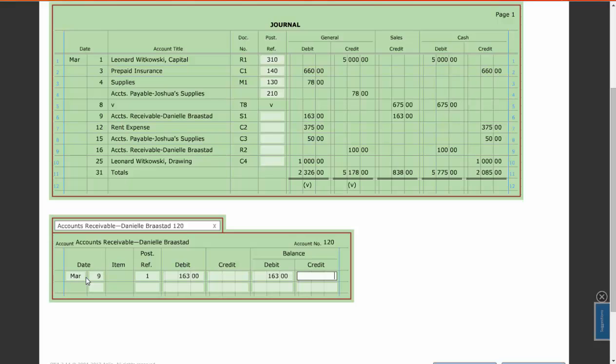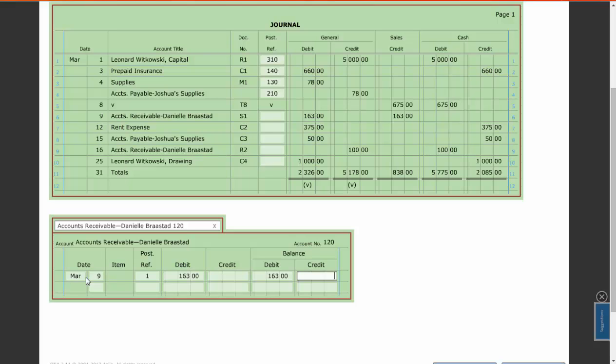Harder when I make you explain the reason why, isn't it? Keep going. What was the previous balance? 0. And what did we just do? We debited 163, so we have to add it. So mathematically, that is our answer.